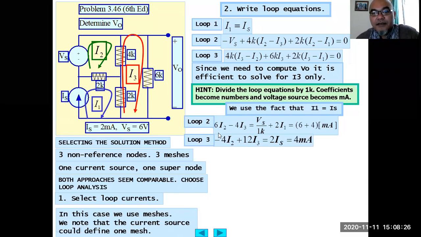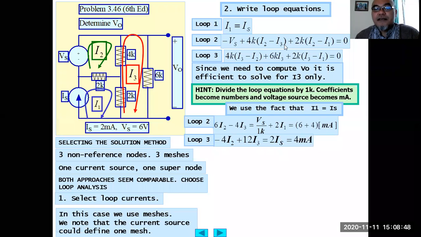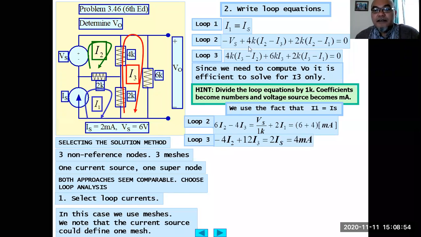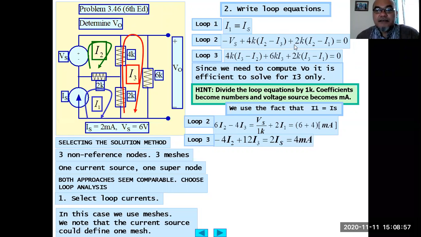For loop 2, we put negative Vs on the right-hand side of the equation, and 6I2 comes from 4I2 plus 2I2, negative 4I3, then I1 plus 2I1, so it becomes plus 6.